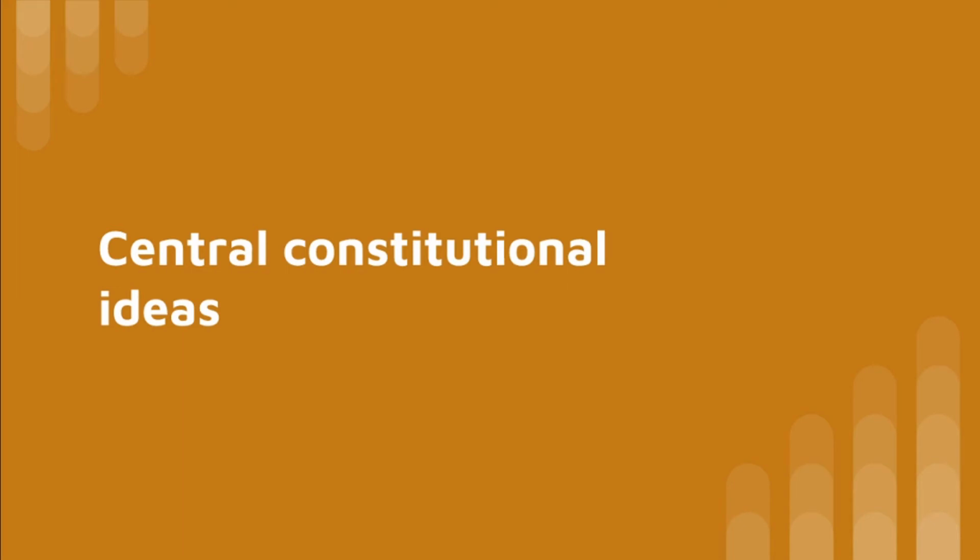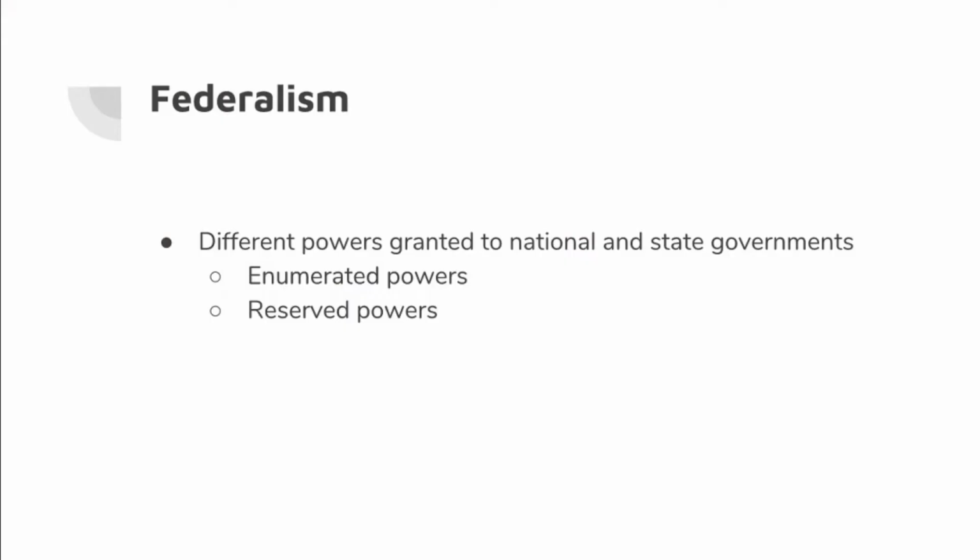Next, let's discuss some of the big ideas established by the Constitution, such as federalism. Federalism is basically the idea that the national government and the state governments work together.